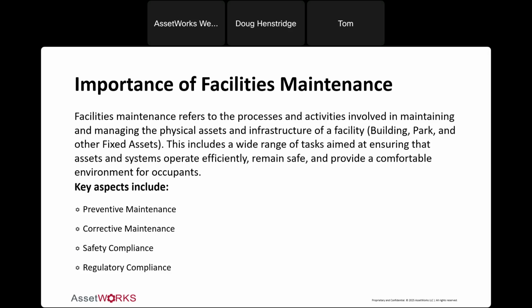Or you may have regulatory compliance issues, like inspecting an elevator annually to make sure it's recertified for operation, or annual fire marshal inspections of fire extinguishers and fire alarm systems in buildings. These are the drivers behind maintenance, some of which are on fixed schedules, and some on a somewhat flexible schedule.